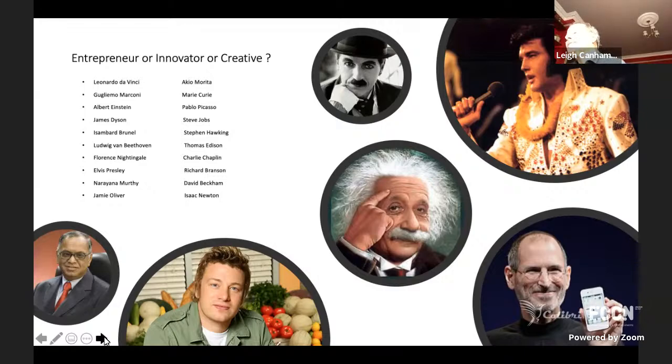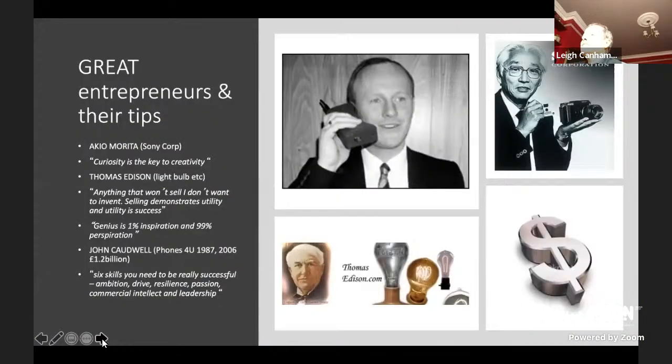So three categories of person, and which category would you place yourself in is something to think about with regards career choice. So if we look at some of the entrepreneurs and their views, views always vary.